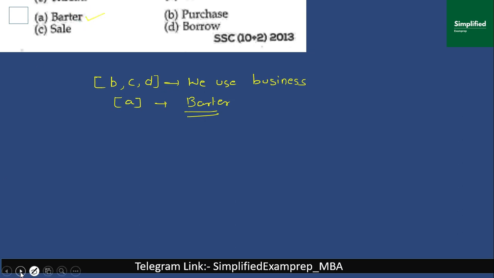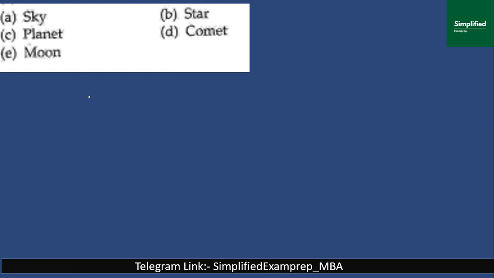Here we have sky, star, then planet, comet and moon. Now see here B, C, D and E. Make sure you pause this video and write your answer in the comment box. Don't think about whether it is right or wrong now. You have to just think about that question and write your answer in the comment box.